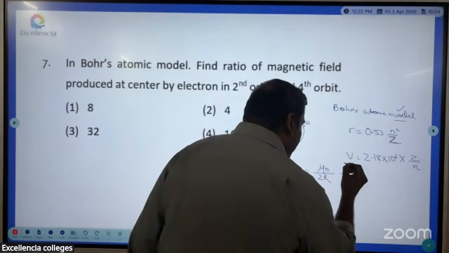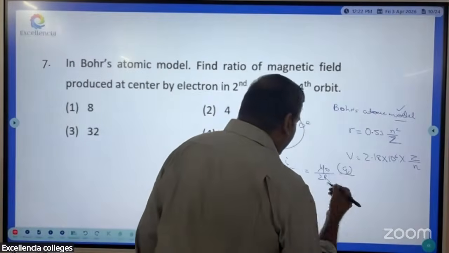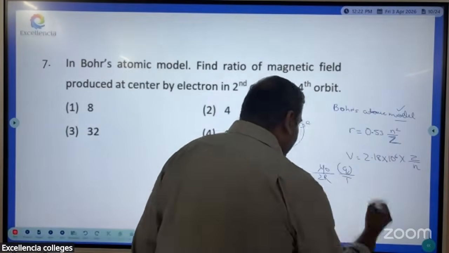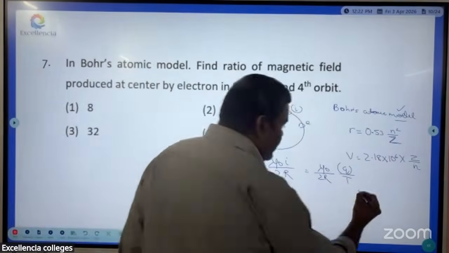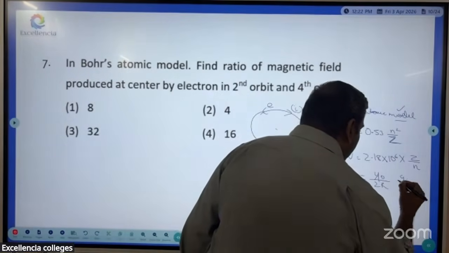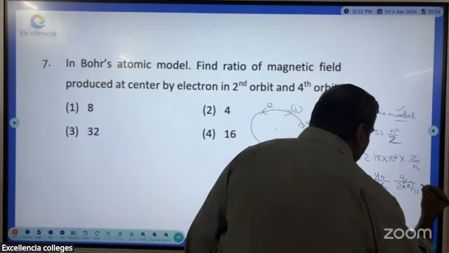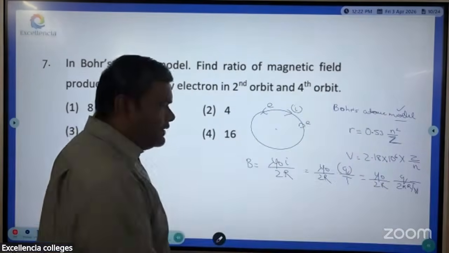Current will become the charge flowing, Q, which is e actually, divided by time, and the time period is T. So I can write this also as mu naught by 2r into Q, and the time period will become 2 pi r by v. That is the total circumference divided by the speed.